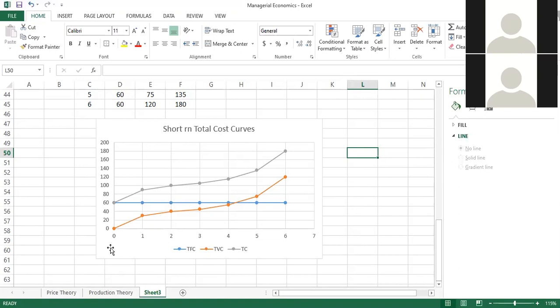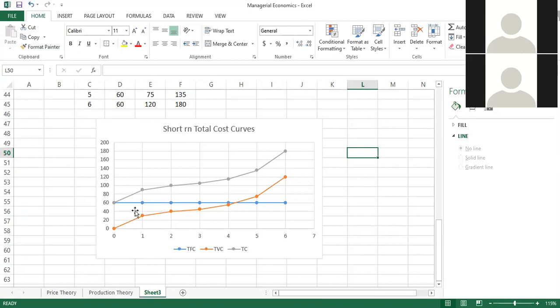But the level of the turning points may not be equally applicable for all firms. The normal pattern is that at the beginning it will increase at a decreasing rate up to a certain level. After the company exceeds their optimum level, then it starts to increase at a very high rate. This is the normal pattern.